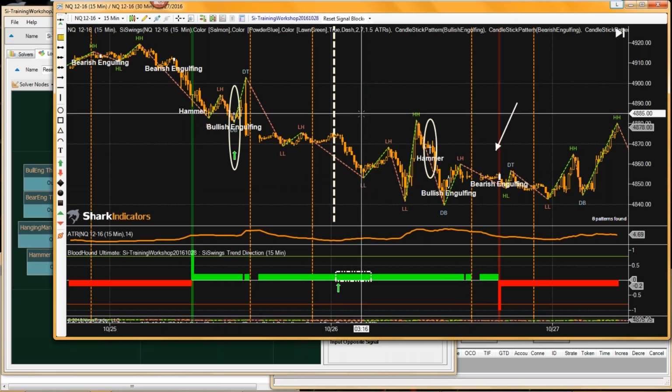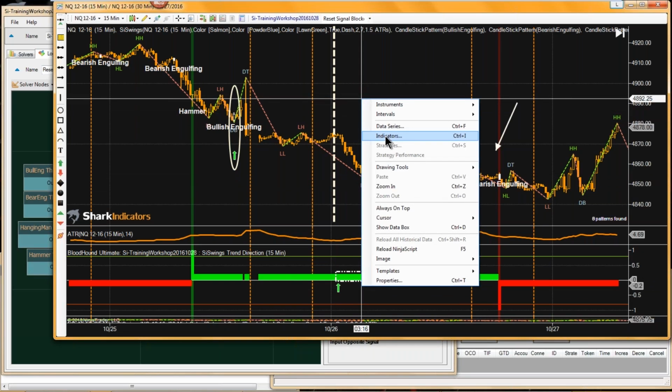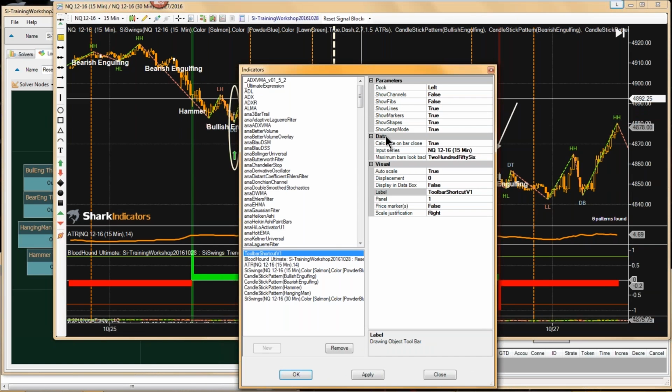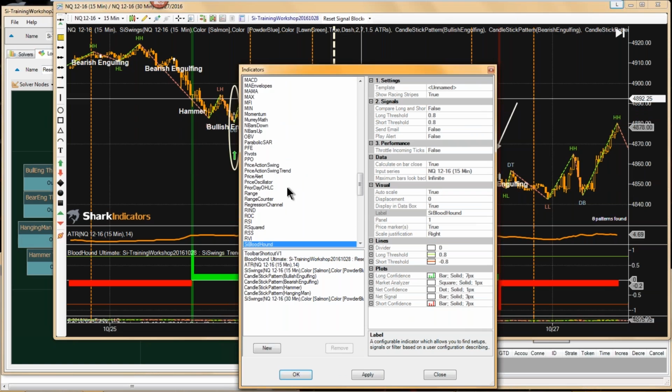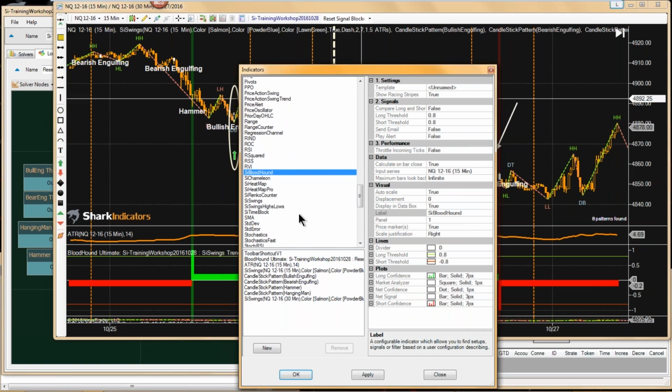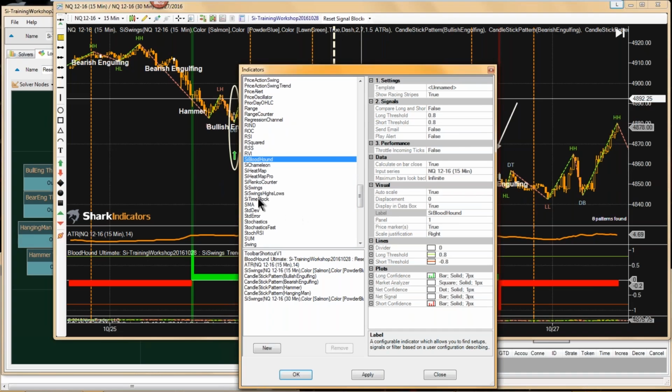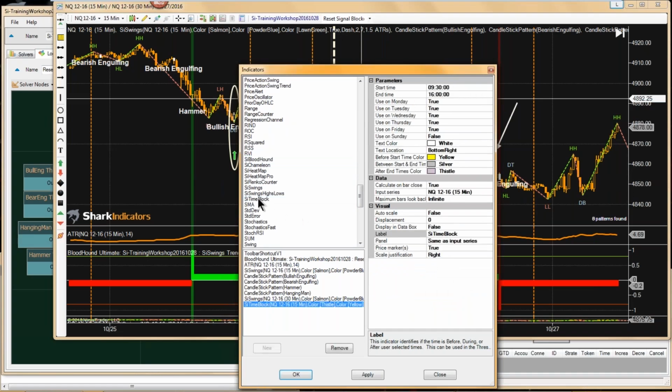So that is where this new indicator comes into play. A fairly new indicator, the time block indicator.